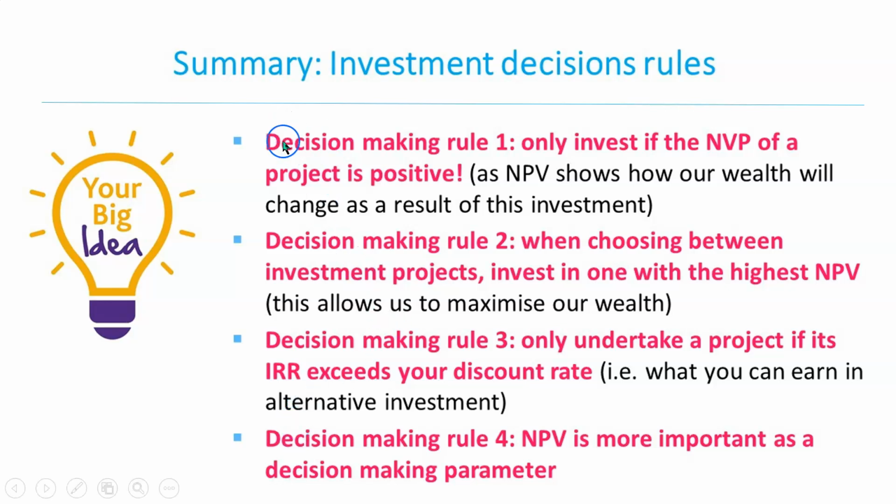First of all, the first main decision-making rule: only invest in a project if its net present value is positive, because it shows how our wealth will increase as a result of this investment. If you need to choose between several alternative investment projects, select the one with the highest net present value, because it will allow you to maximize your wealth, to make you richer.